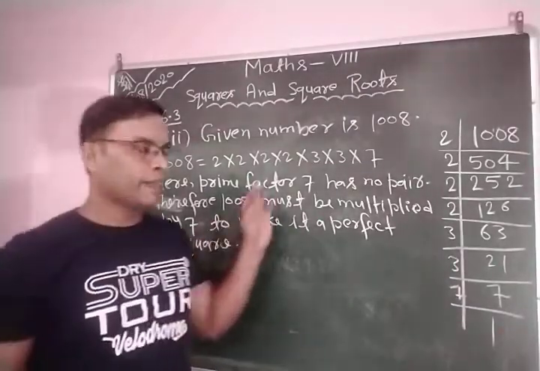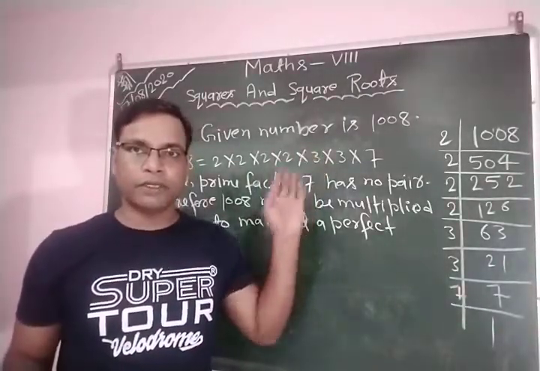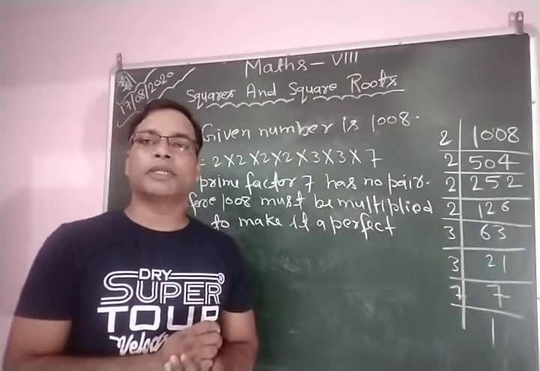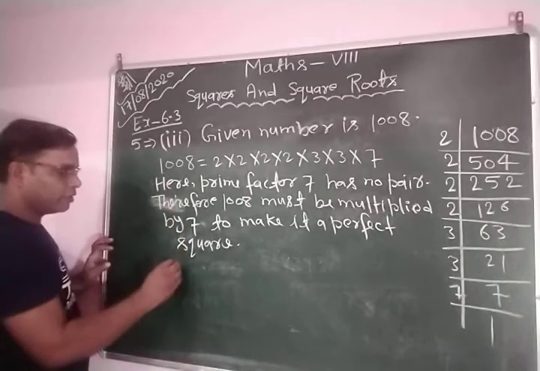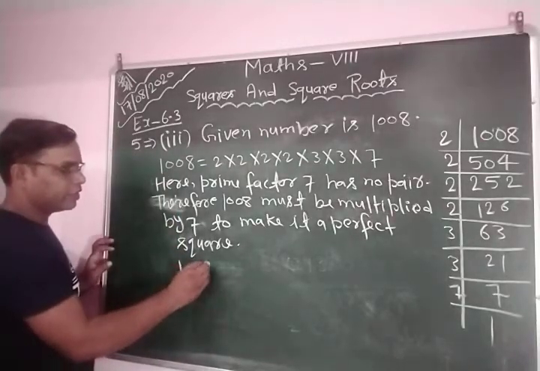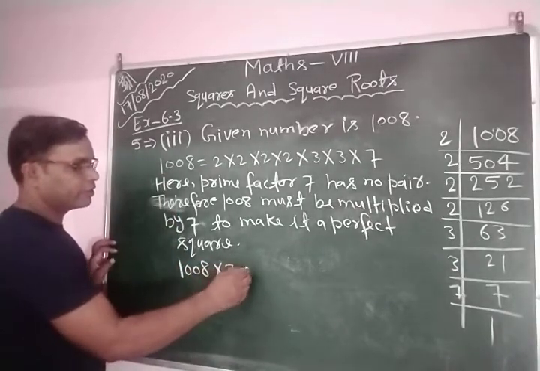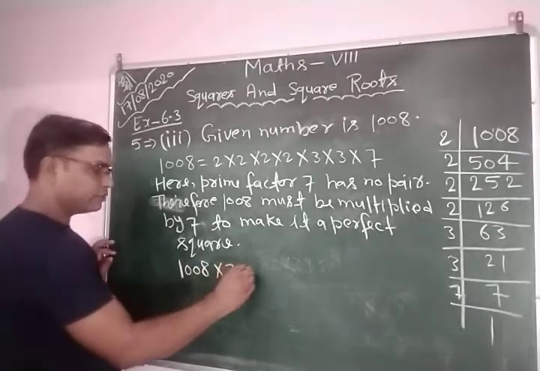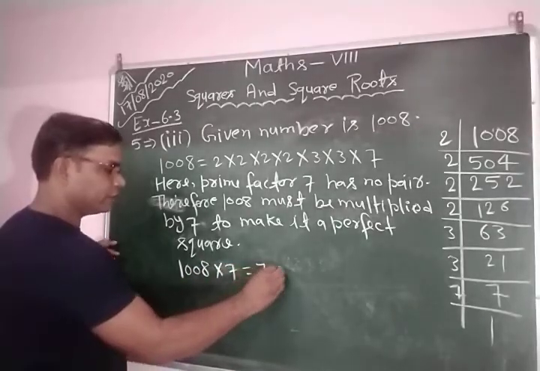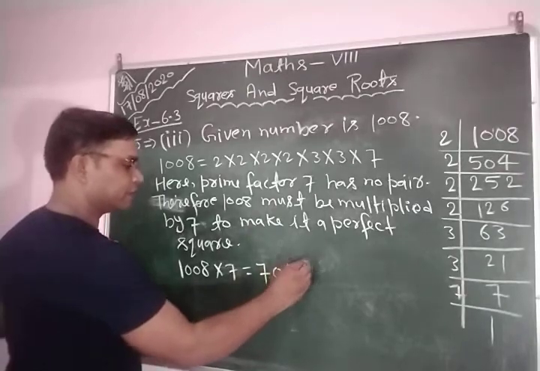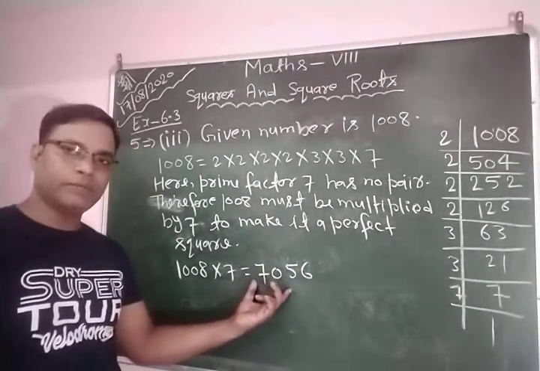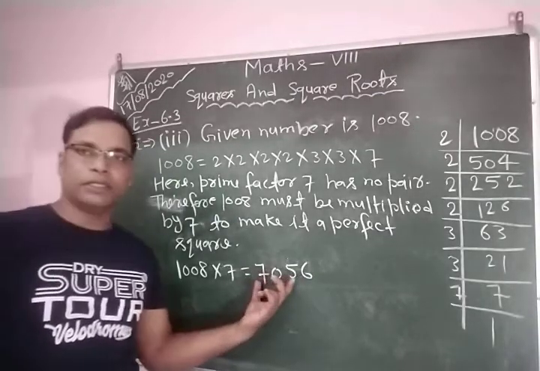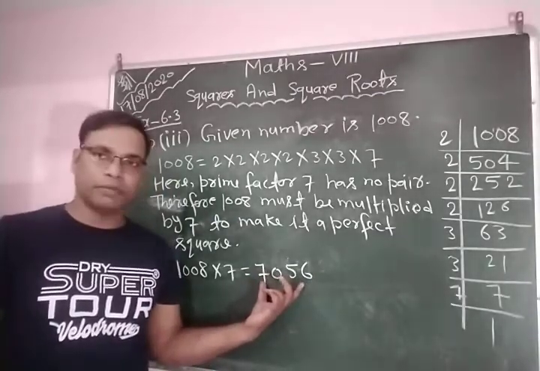If you multiply this number by 7, it becomes a perfect square number. So let's see, if you multiply 1008 into 7, this is equal to 7056. This is our new number, a perfect square number.